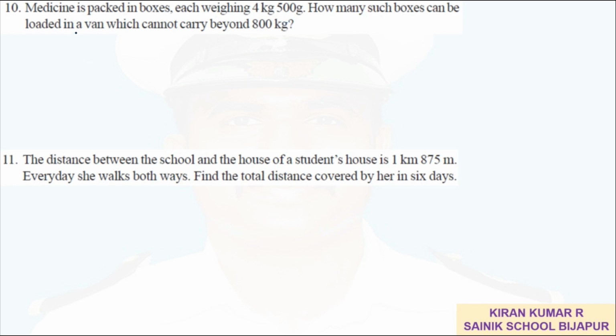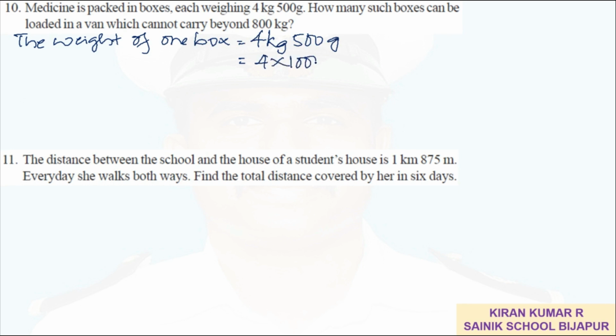Let's do that. The weight of one box is 4 kg 500 gram. Let's convert this 4 kg into grams. I need to multiply by 1000 plus 500 gram. We will be getting it as 4500 gram.